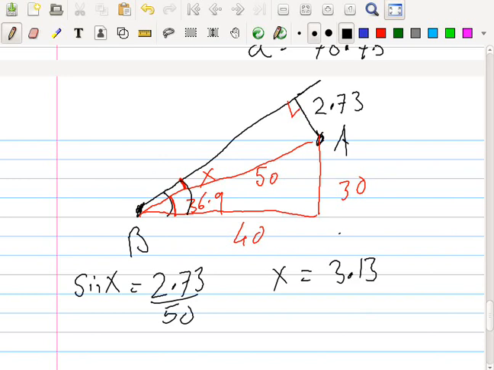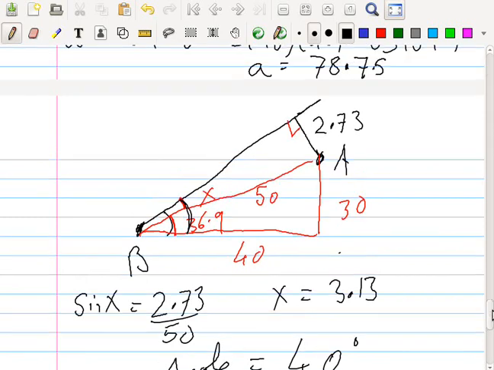Now, of course, that's not the final answer. The final answer is the whole angle here. So the angle equals that plus 36.9. So 40, basically. 40 degrees. So originally at the start the ship sets off at 45 degrees, and what is the closest it gets?